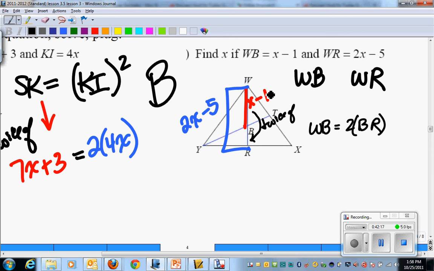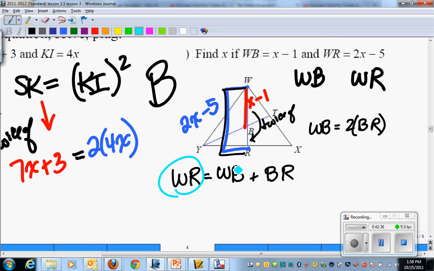Okay. Now, we also know WR, the whole thing, which two segments add up to that? WB plus BR. Great. Now, let's look at what we actually have. Do we have WR information? Yes. Do we have WB information? Yes. What do we not have? We don't have BR.